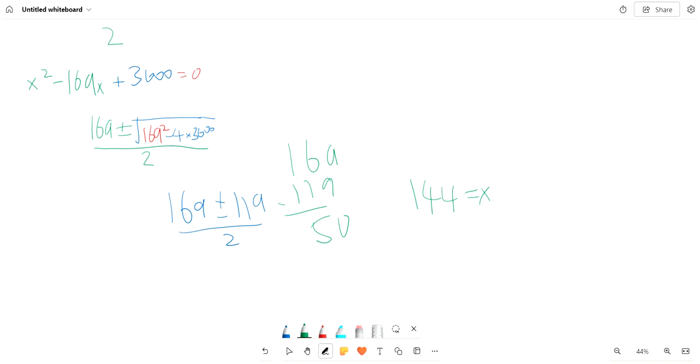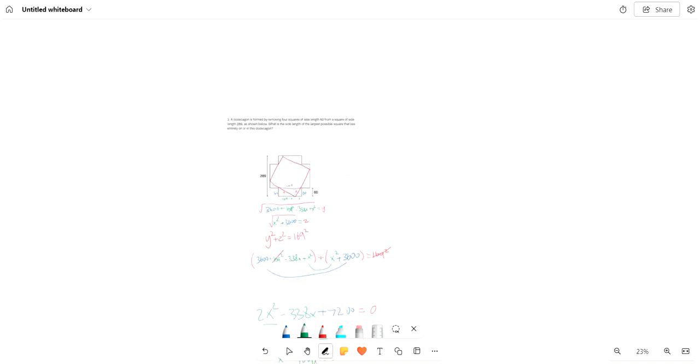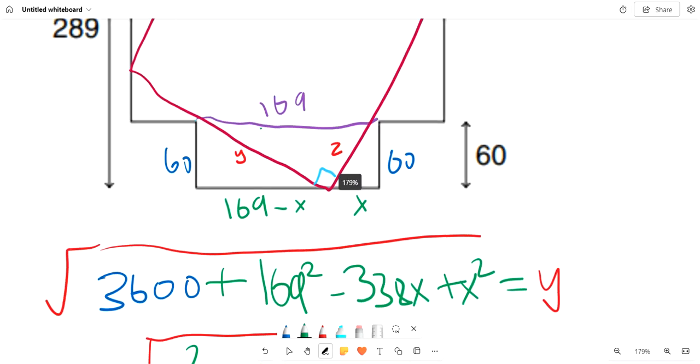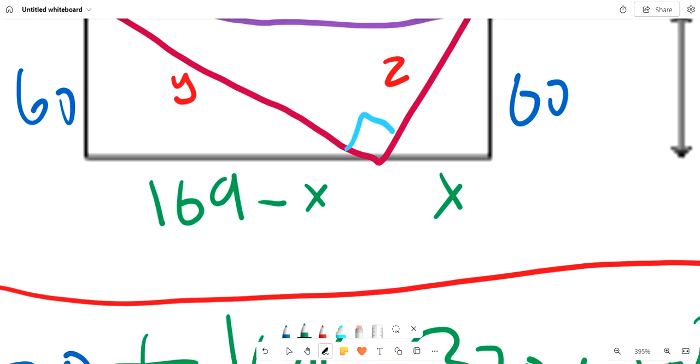Divide by 2 and we get 25. So 25 equals x. As you can see, it doesn't really matter because if we go back here, we label it as 169 minus x and x. So if we input 144, then this side will be 25 and this will be 144. On the other hand, if we input 25, this will be 144 and this will be 25. And because it's symmetrical, it doesn't matter because the side length will be the same anyway.